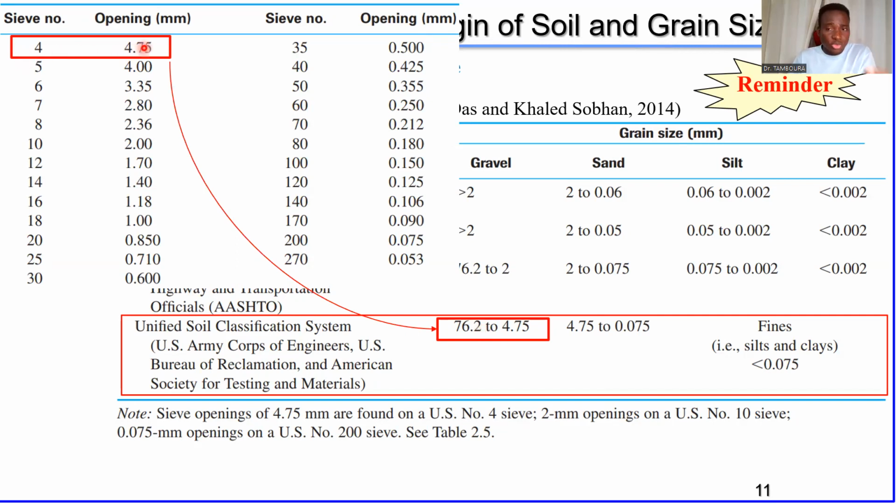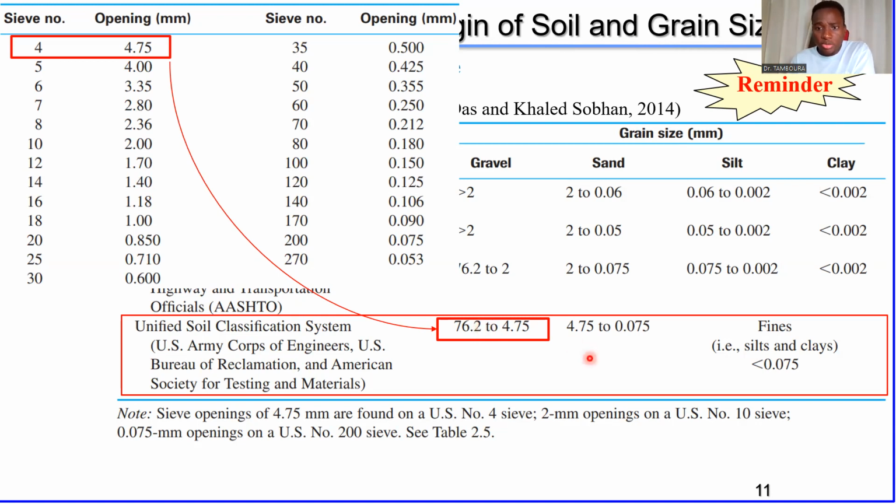So if any soil particle doesn't pass this sieve, it has a diameter higher than 4.75, and then that soil particle is gravel. So we need to know the percentage of soil retained on this sieve. This is one.